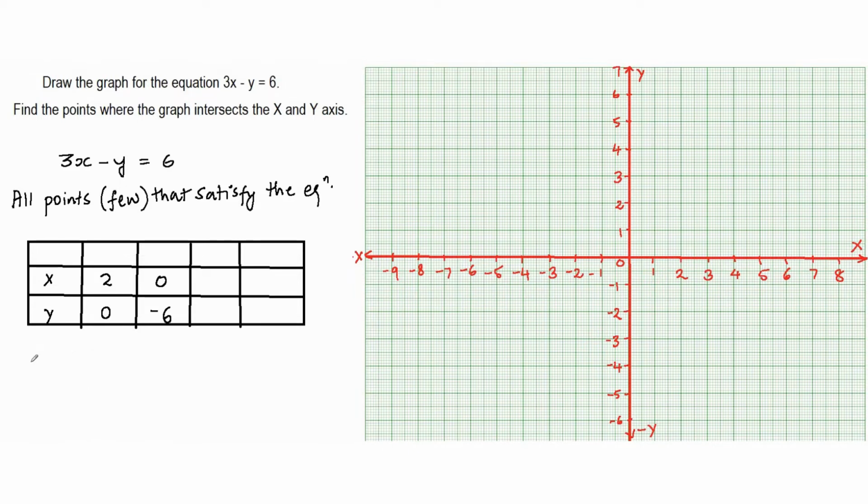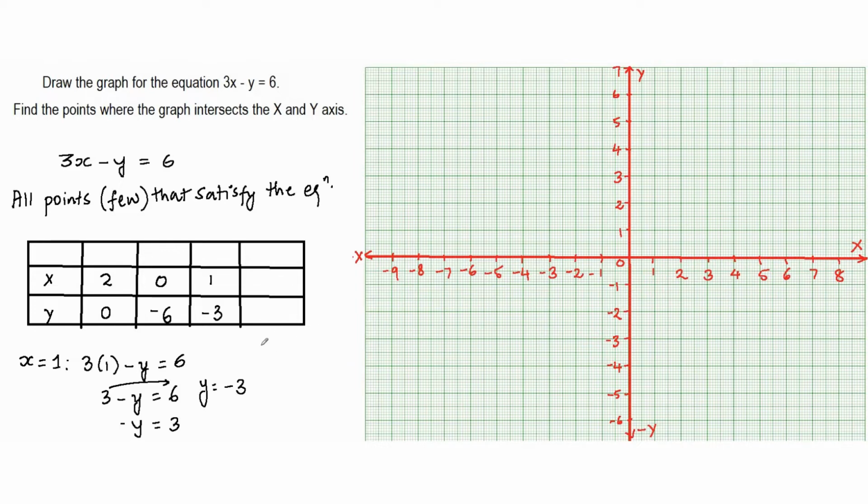Let's take x equal to 1. Then 3 into 1 minus y is equal to 6, which means 3 minus y is equal to 6, which means minus y is equal to 3, transposing 3 to the other side, and hence y equals minus 3. So when x is equal to 1, the value of y is minus 3.